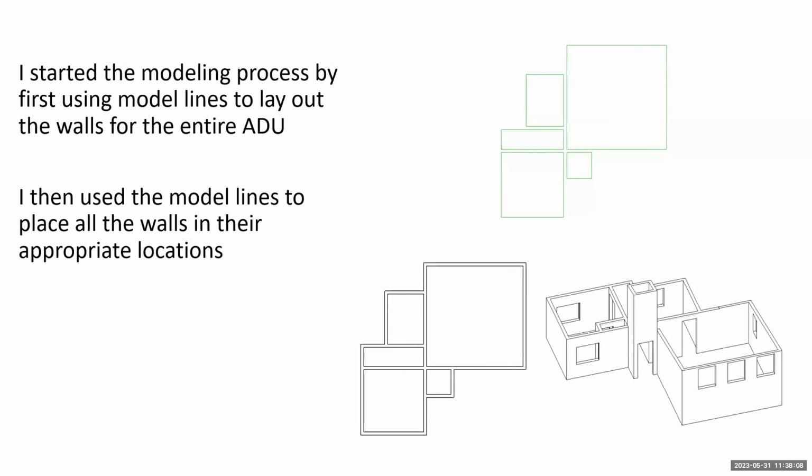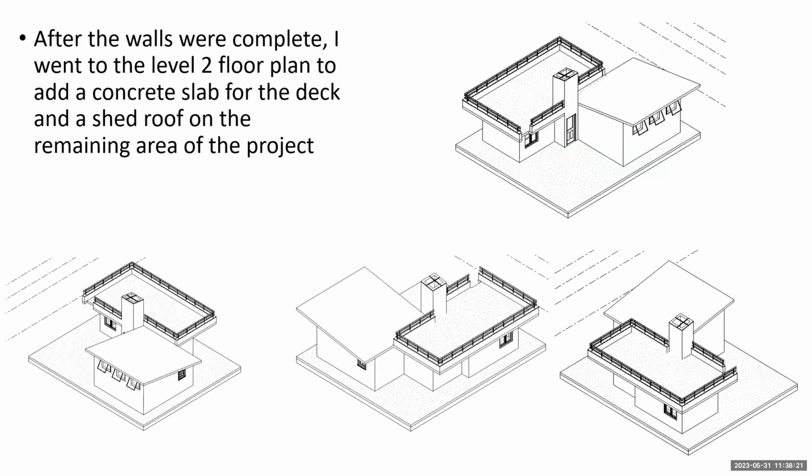So this is the Part T that I used for this class. And I started with the model lines and then drew in the walls. Some more views of the process of me going through building the model.